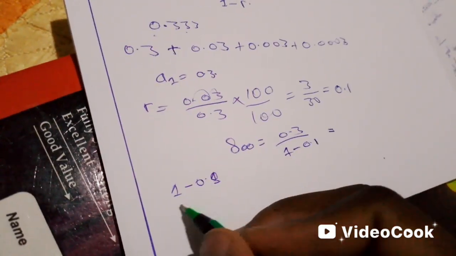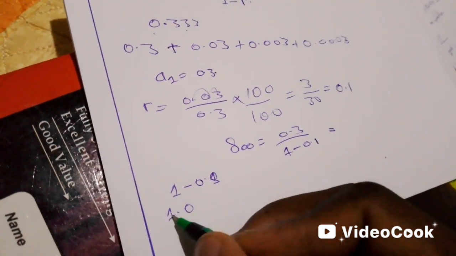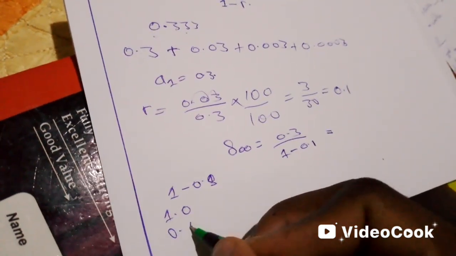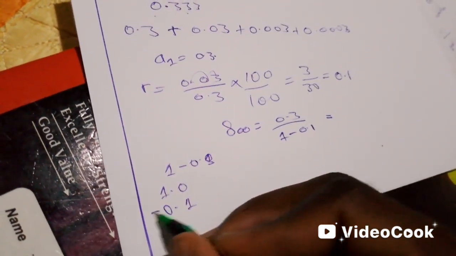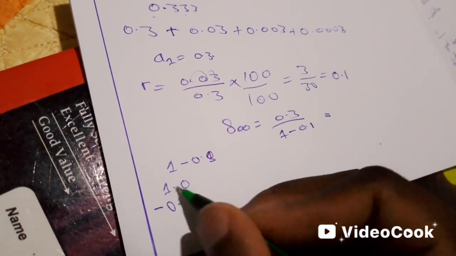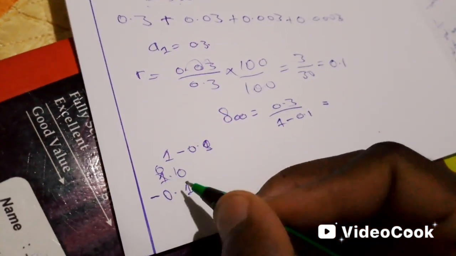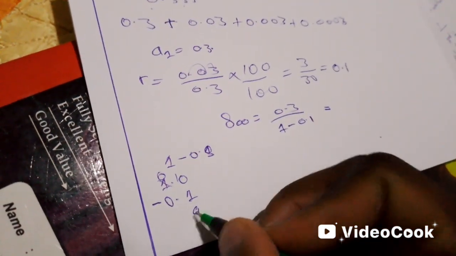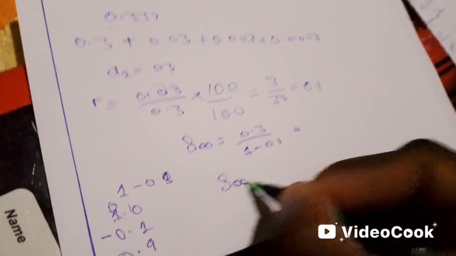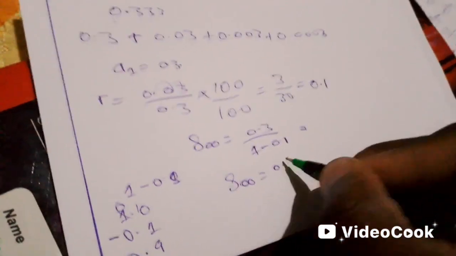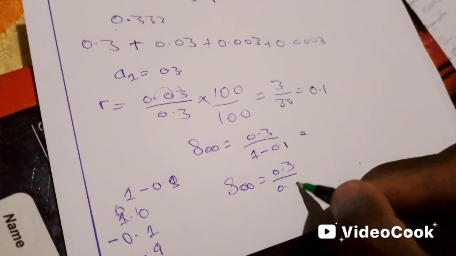We can say 1.0 minus 0.1. We're going to borrow here: this is going to be 0, this is going to be 1, and this is going to be 9. So the sum to infinity is equal to 0.3 over 0.9.